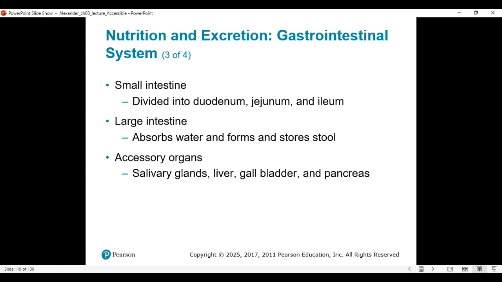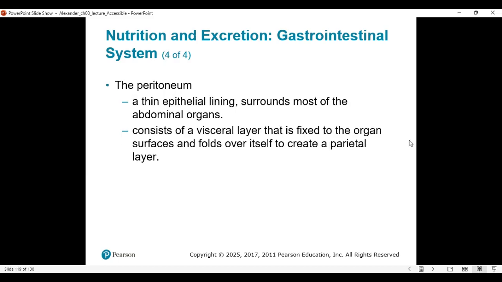Because it secretes bicarbonate into the small intestine to neutralize the acid from the stomach. The peritoneum is a thin epithelial lining surrounding most of the abdominal organs. We have two layers. We have a visceral layer, which goes over the top of the organ, and then the parietal layer, which covers the entire abdomen.